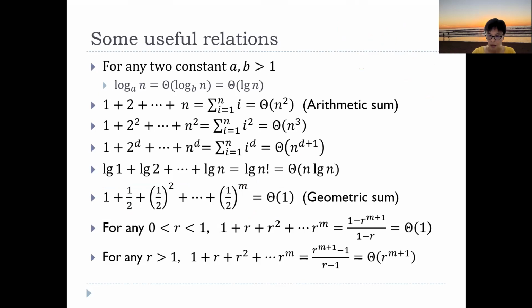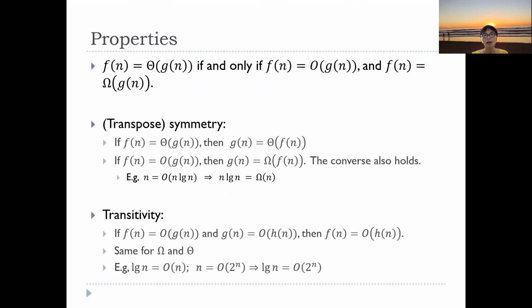Now let's talk about a few properties of the asymptotic notation. I'm not going to prove them formally. I just want to give you the intuitive idea why they hold. All of these properties are in some sense quite intuitive.